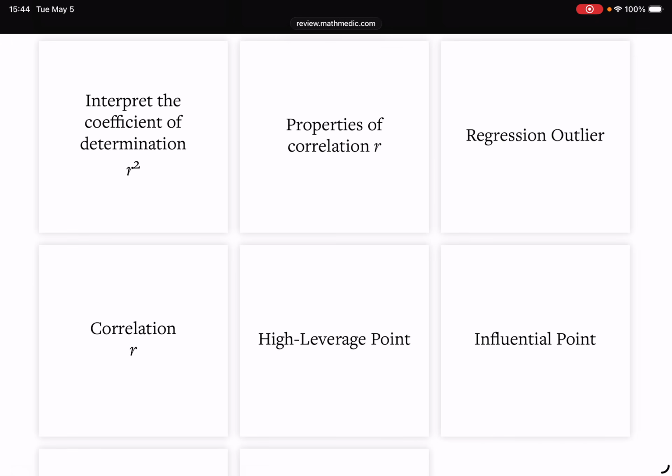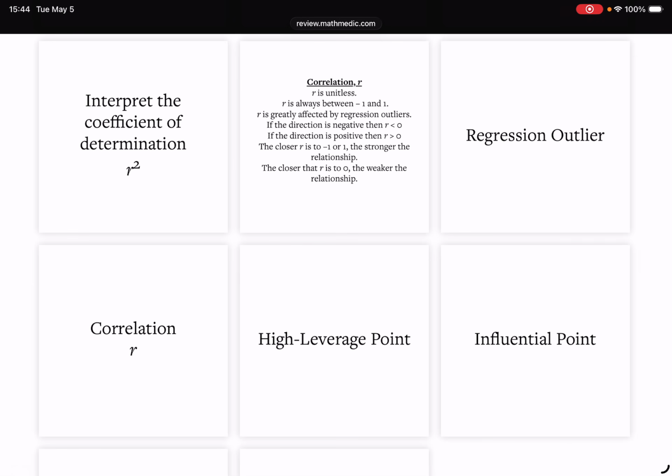Properties of correlation r. So remember, correlation r is unitless. You will not give it a unit. It is always going to be between -1 and 1. Okay? It greatly is affected by outliers. If the direction is negative, then r is less than 0. If the direction is positive, r is greater than 0.